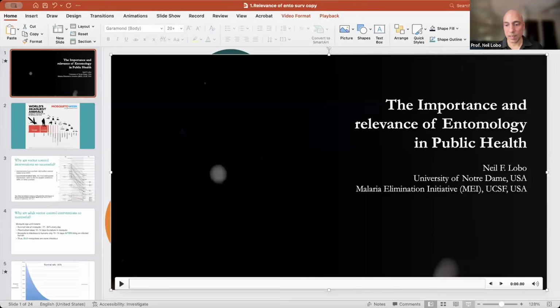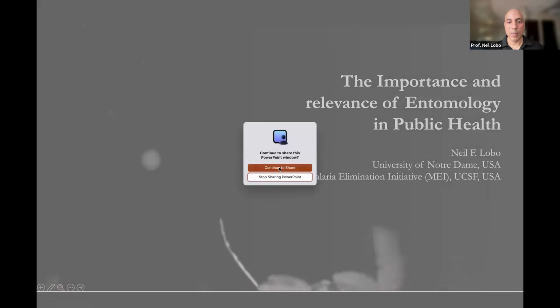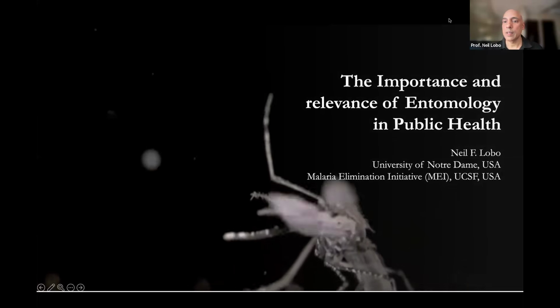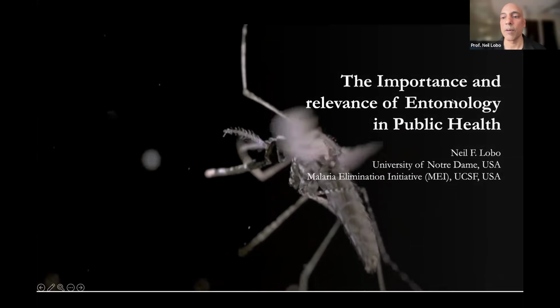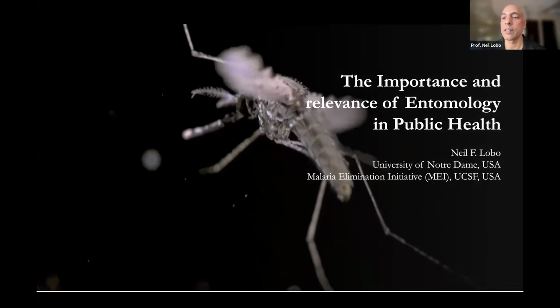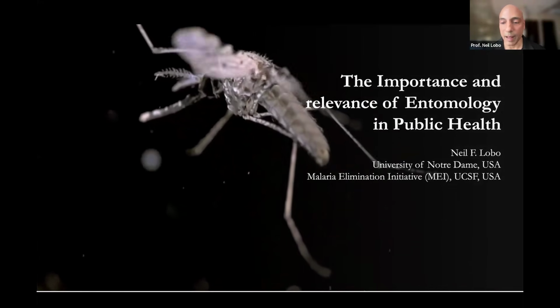So while I start my first presentation, I'll share my screen. I hope you can see that. Not yet. Hold on. And there we go. So my first presentation is on the importance and relevance of entomological surveillance in public health.